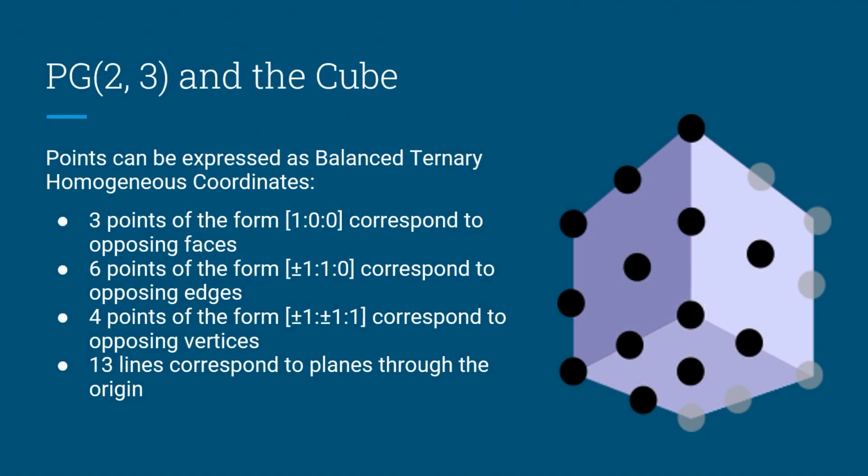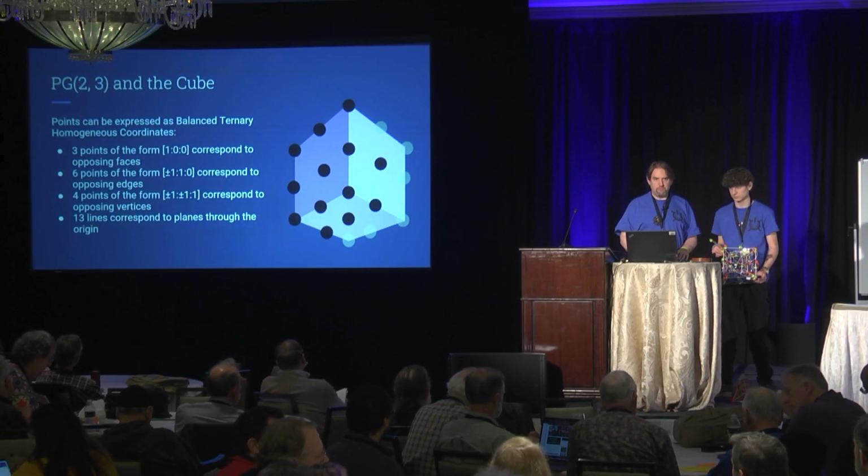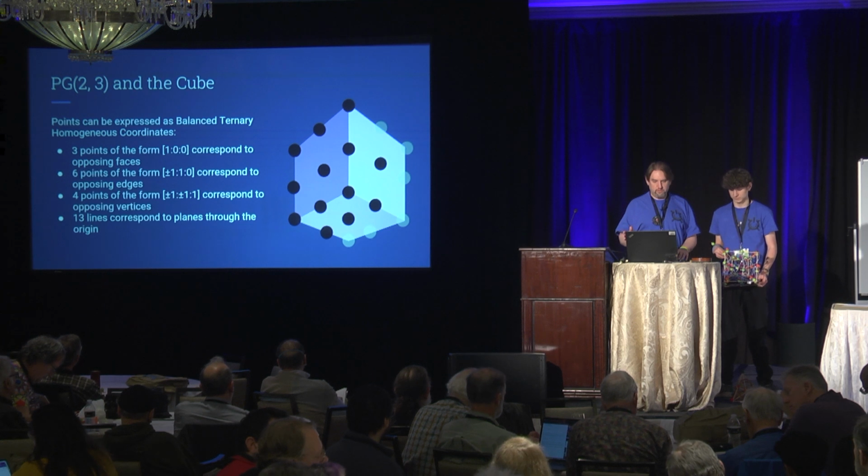If you think of a cube centered on the origin, going from -1 to +1, they would be the -1 face and the +1 face in each of the 3 dimensions. There are 6 points that have a plus or minus 1 and then a following 1. Those represent the edges, and then the 4 points that correspond to the vertices.